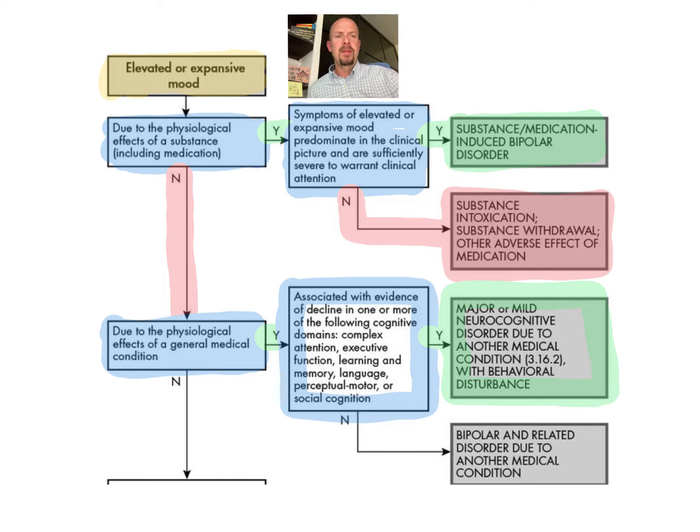However, if we say that there's some sort of medical condition occurring, but it has really nothing to do with significant changes in the cognitive domain, and we answer no, then it could be a bipolar-related disorder due to another medical condition. Now, this is pretty curious and pretty specific.